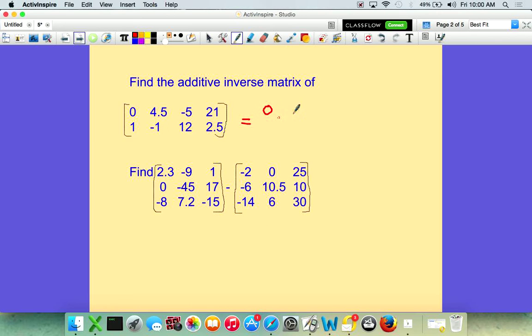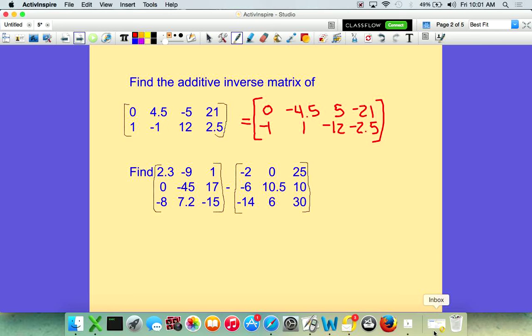Alright, so 0, negative 4.5, 5, negative 21, negative 1, 1, negative 12, and negative 2.5. And this would be the additive inverse because if we added our two matrices together here, 0 plus 0 is 0. 4.5 plus negative 4.5 is 0. Negative 5 plus 5 is 0, and so on. If we added those two together, every single spot would be a 0 here.